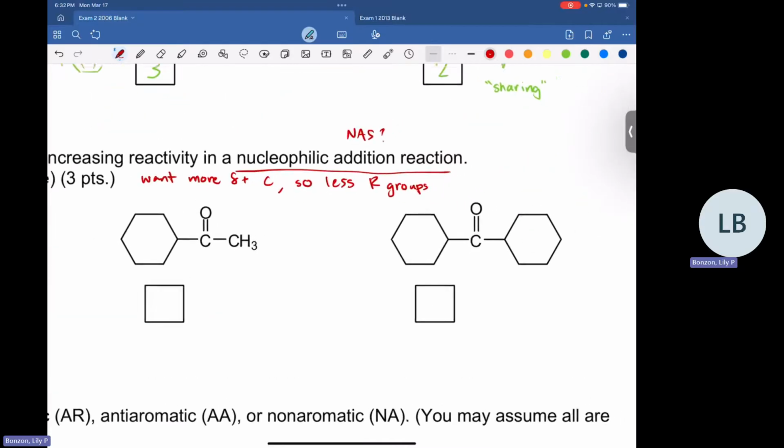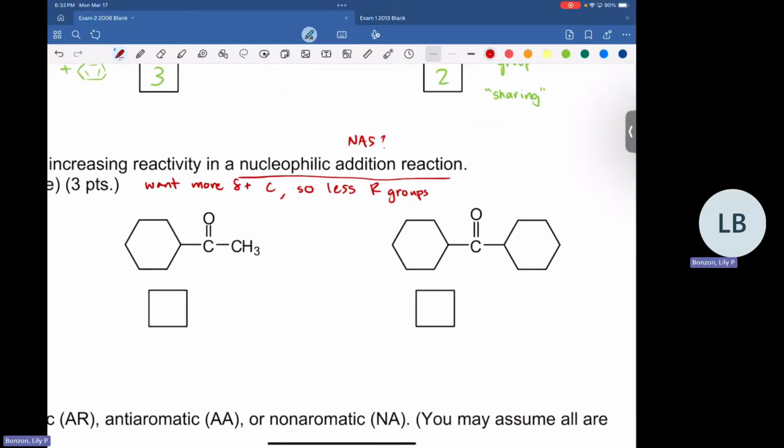For the middle and the right, we have a cyclohexyl and a methyl, and then on the right group we have two cyclohexyls. This is just by size. The more of our group that we have, the more it can donate electrons via induction, just because there's more of them.